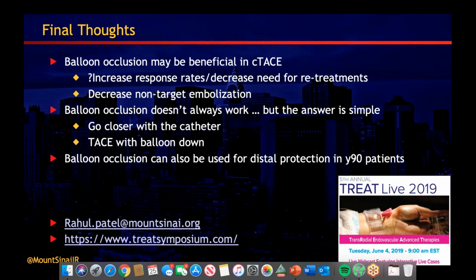Rahul, why do you think it's not getting accepted as rapidly as one might expect? Well, first of all, in the U.S., we haven't really had a good option up until relatively recently. In Japan, they've had a catheter for many years now, which is actually quite good. But they have different ways of doing their TACEs, and it's a little bit strange, but they actually have a microcatheter that goes through their microcatheter.